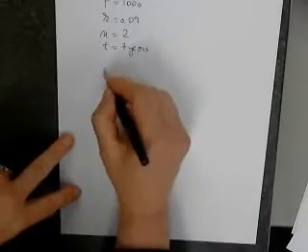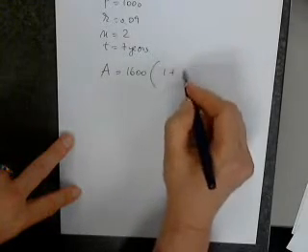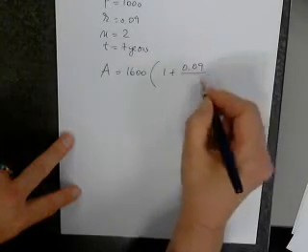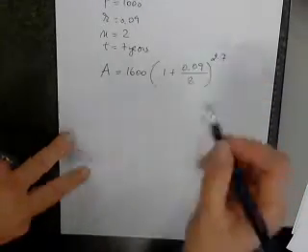So that will be A equals 1,600, and in parentheses, 1 plus 0.09 divided by 2, everything raised to 2 times 7.